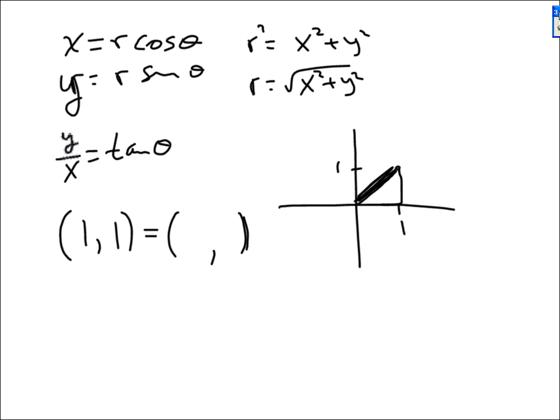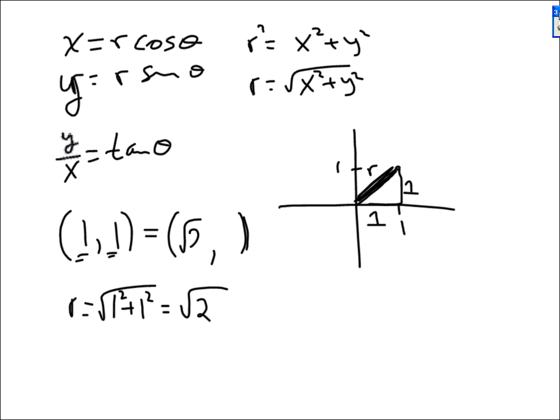If I complete a right triangle, this is 1 and this is 1. You square x, you square y, you get r squared. So r is the square root of 1 squared plus 1 squared, which is the square root of 2.